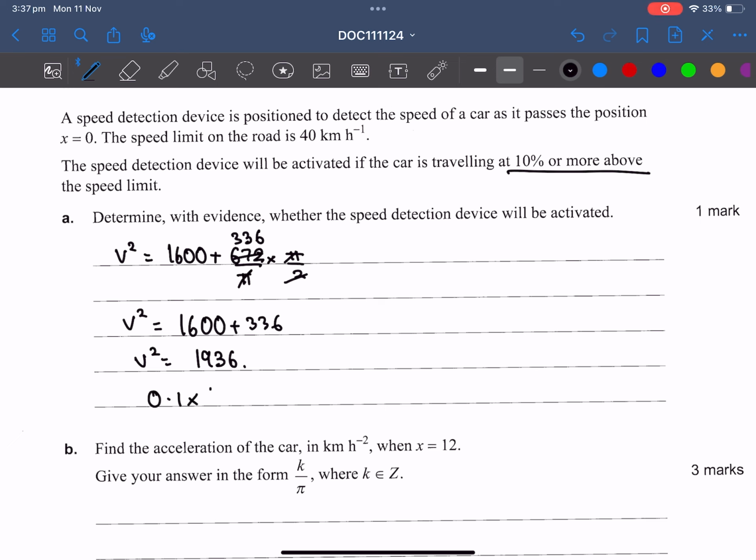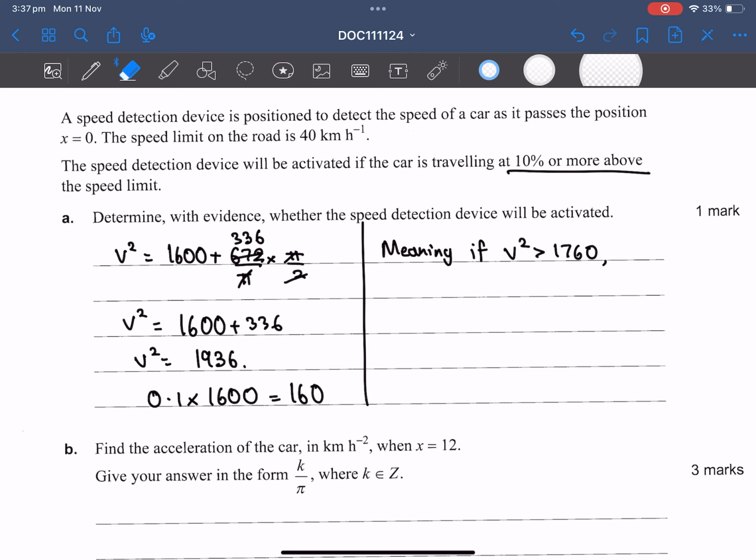So 0.1 of 1600 is 160, meaning that if v squared is greater than 1600 plus 160, so 1760, the device will be activated.